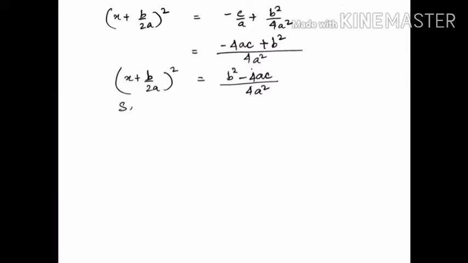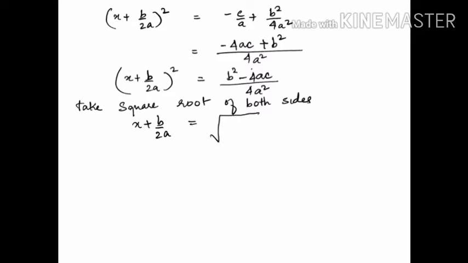Now we take the square root of both sides. We get x plus b upon 2a equal to square root of b square minus 4ac upon 4a square with the plus and minus sign. But square root of 4a square can be written as 2a because 4a square is a perfect square.